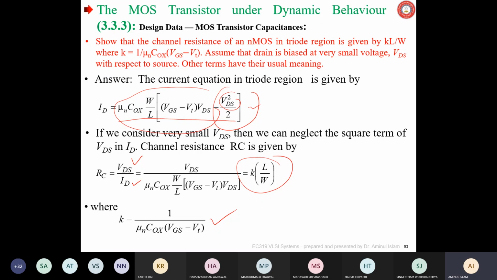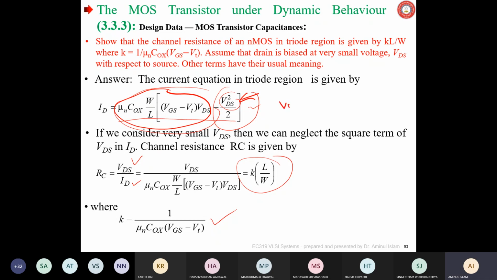Other terms have their usual meaning. I hope the solution is easily understandable. If VDS is very small, then the square term can be neglected, and the current equation remains up to this only.